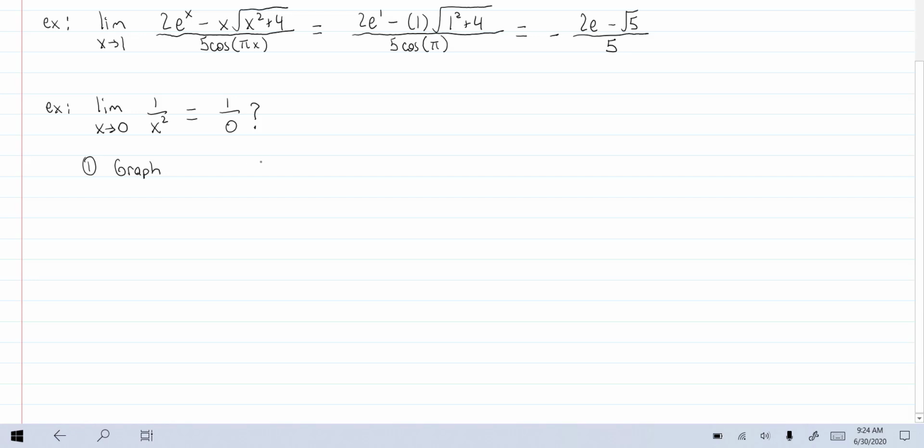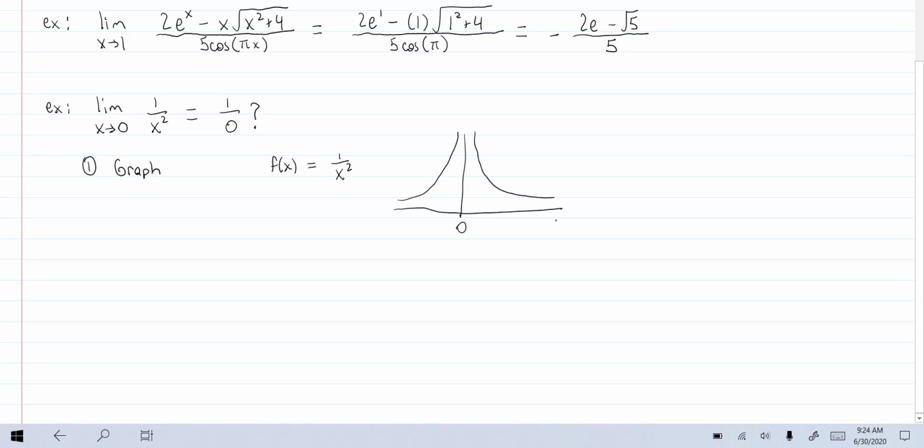So in this case, we have the function f of x equals 1 over x squared. So if you were to graph this function, you would find that its graph looks something like this.